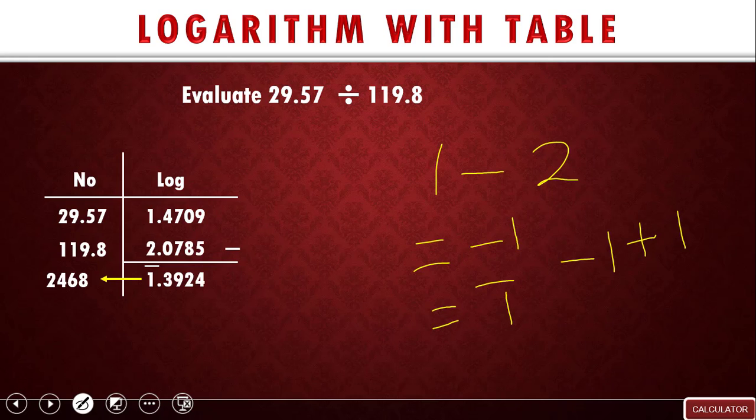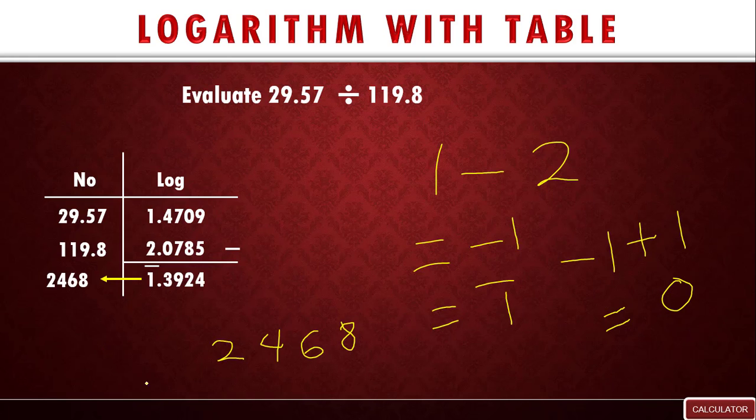You're owing somebody 1 cent, you now pay the person 1 cent, so that will definitely give 0. So we have 2, 4, 6, and 8.